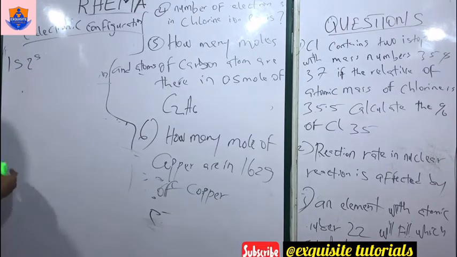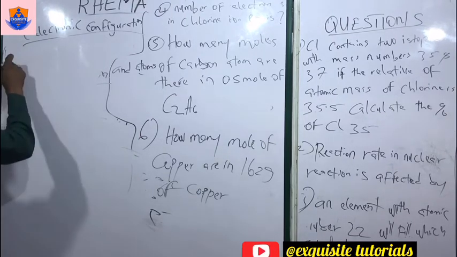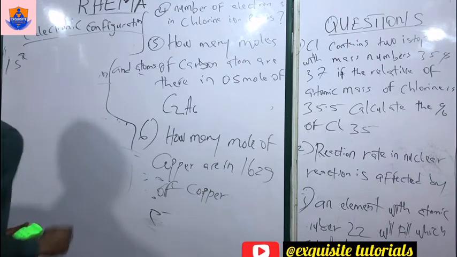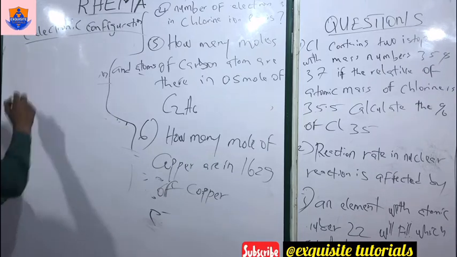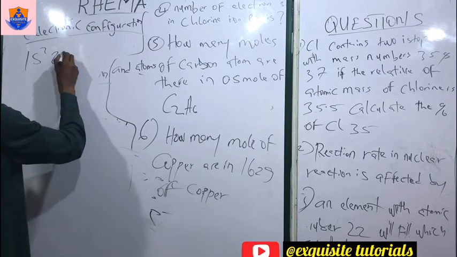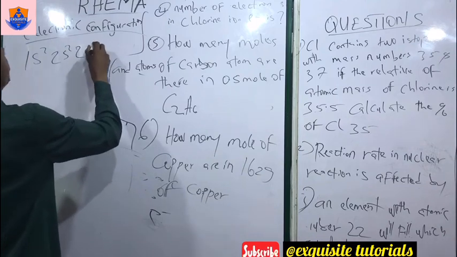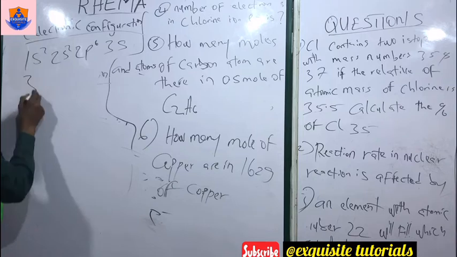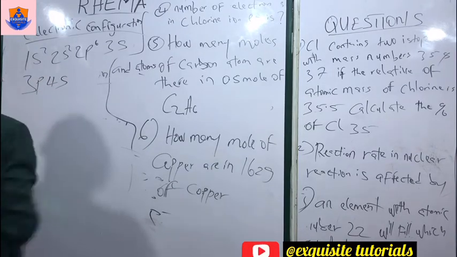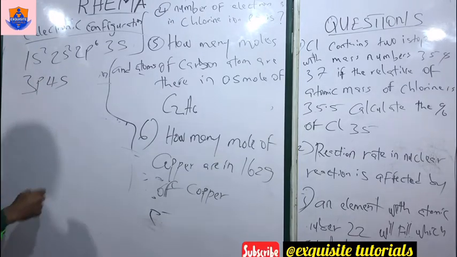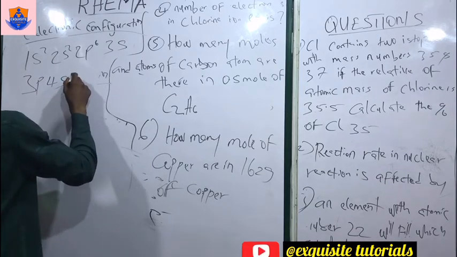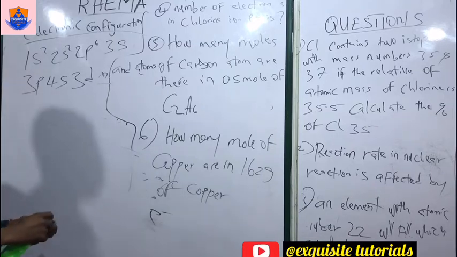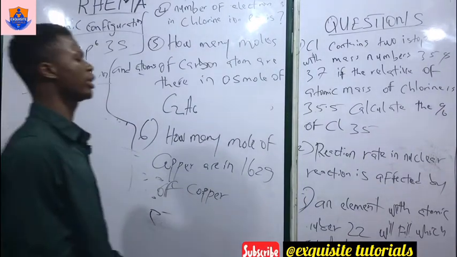Probably we should complete it for you to understand. 1s, 2s can only contain 2 electrons. 1s2, 2s2, 2p6, 3s, 3p, 4s, 3d, and the rest.